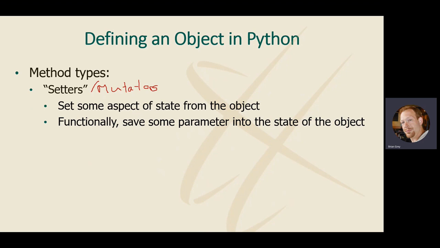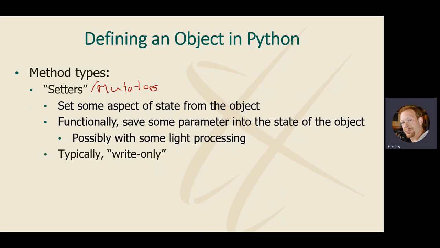It might use that parameter to do a calculation. It might not take any information at all. It might just increment a value or decrement a value or double a value or reset a value to 0. Who knows? So a lot of the times setters save some parameter into the state, again, potentially with some light processing.